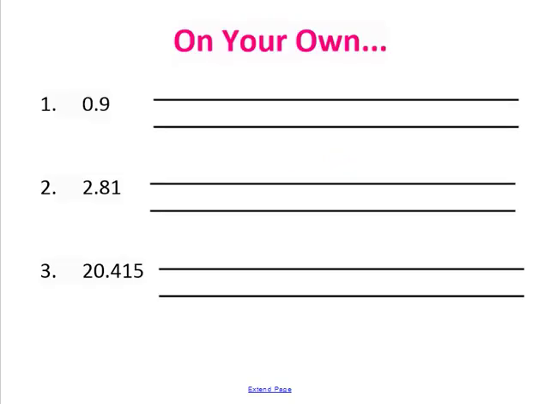Okay, so go ahead and try these 3 on your own. Oh, actually, you know what? Number 1 here, we haven't done one yet with no whole number in the front. So let's do that one together, okay? With this one here, there's no whole number. So you don't have to say "0 and," okay? You can just get rid of that part altogether, and you just say the part after the decimal, which is 9 tenths.